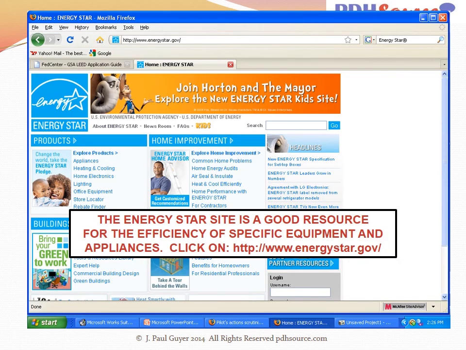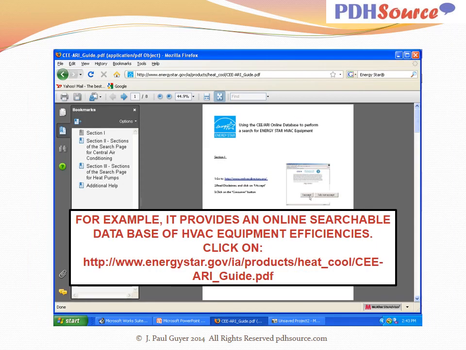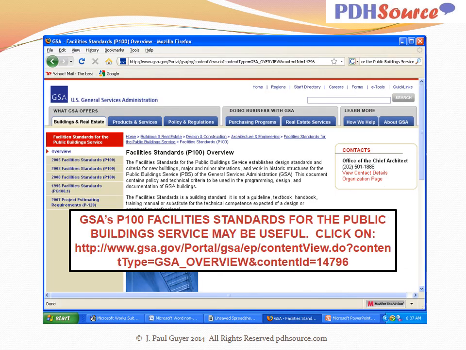The Energy Star site is, of course, a database that can be searched to find the most energy efficient equipment and products that go into buildings. General Services Administration, of course, is the entity that designs and builds the routine buildings for the federal government, the office buildings, courthouses, things like that.